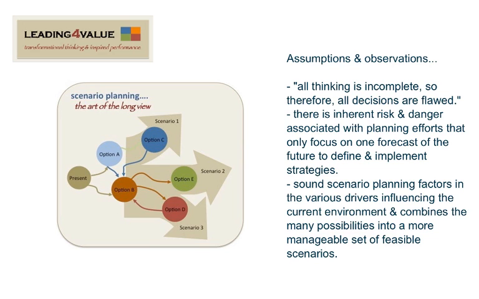And that there's an inherent risk associated if we are acting on expediency and only looking at one solution rather than trying to come up with some options to consider the best one. So scenario planning takes into account the variety of factors that are really the environmental drivers that influence not only the current environment, but it also gives us an opportunity to come up with a variety of combinations in which to consider looking forward.